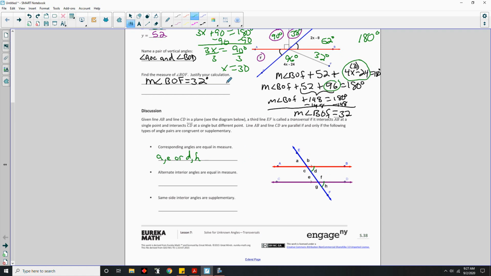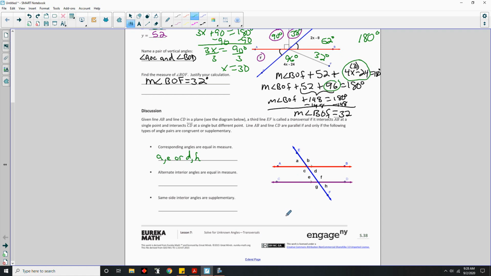I'm not going to write all of these, but I hope you get the idea now. Angle B and angle F, angle C and angle G. So as long as they're on the same side of the transversal and below on both parallel lines or above on both parallel lines. Okay? So A's above, E's above, C's below, G's below.